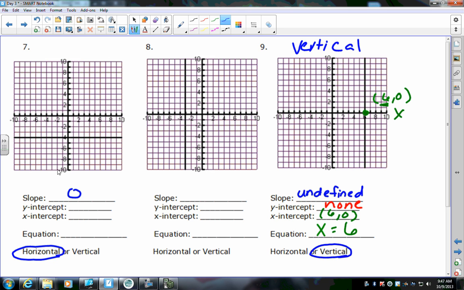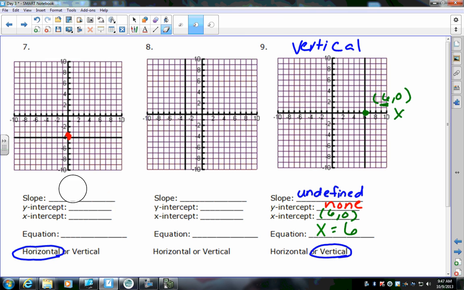Now, the y-intercept. Where does this line cross the y-axis? At 0, -4. Yeah, -4 because it's down below.